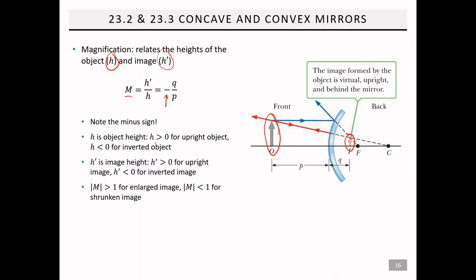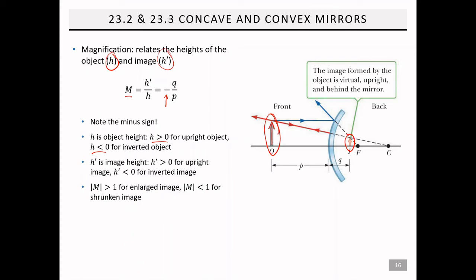The object height h will be greater than 0 whenever we start with an upright object. This is going to be the vast majority of the time. In the unlikely event that we ever start with an object that is pointing below the x-axis, then we would have to use h less than 0.